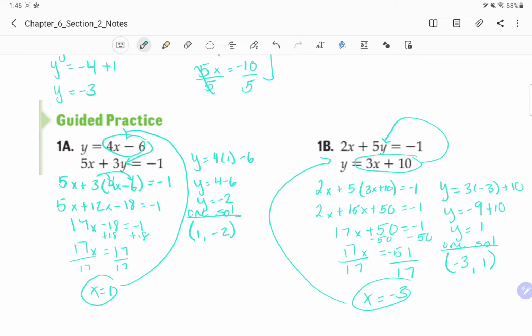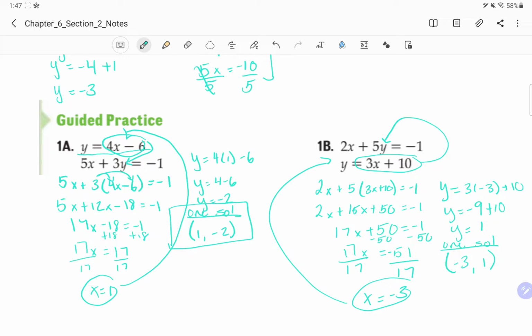Get your x's together, subtract or add over 18, and then divide by 17, and you'll get x is equal to 1. Take your 1 and you plug it back into your top equation, and you'll get y is equal to -2, and then you have 1 point, you have an x value and a y value. So there's your answer: x is equal to 1 and y is equal to -2, and you plug them into a coordinate pair.